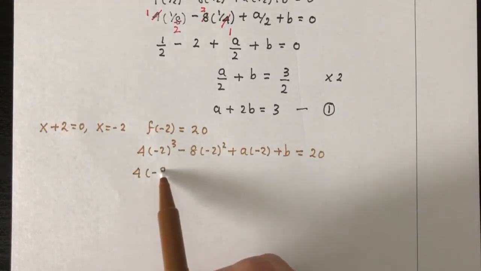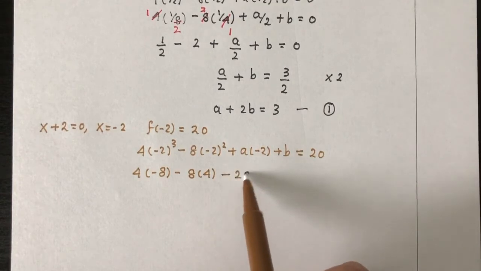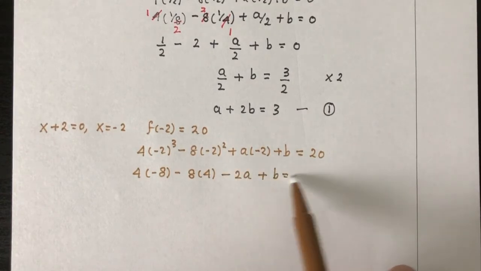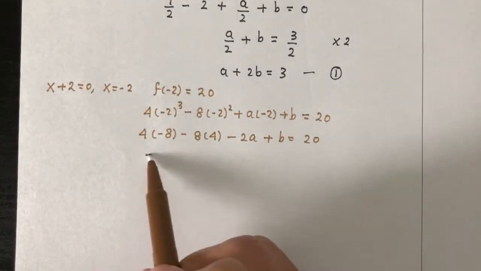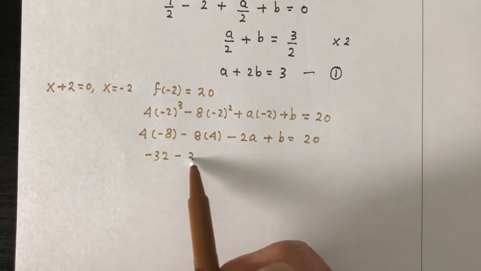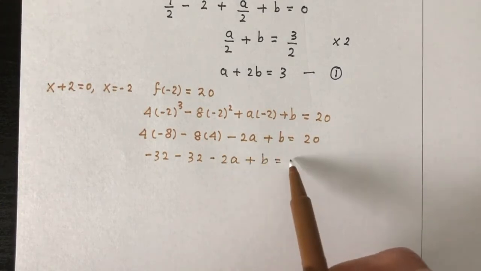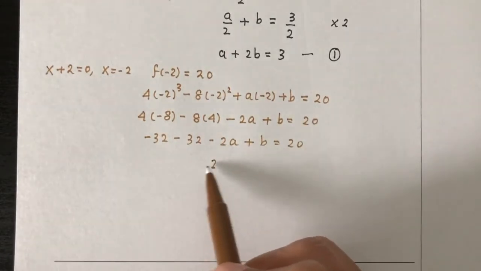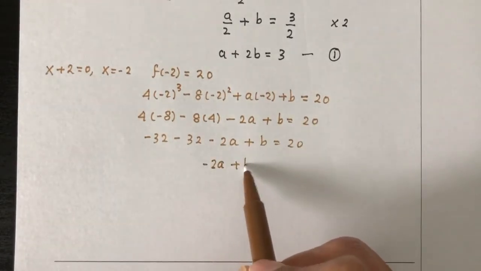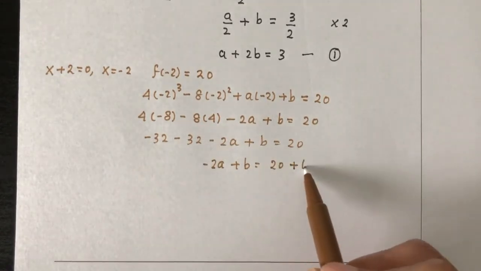That is minus 32 minus 32 minus 2a plus b is equal to 20. Now simplify. So minus 2a plus b is equal to 20 plus 64, that will be 84.